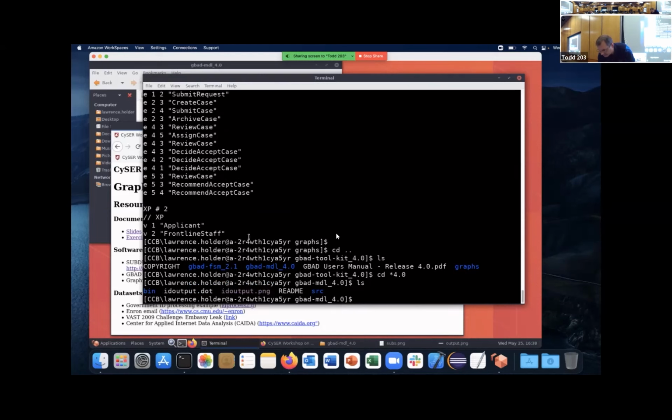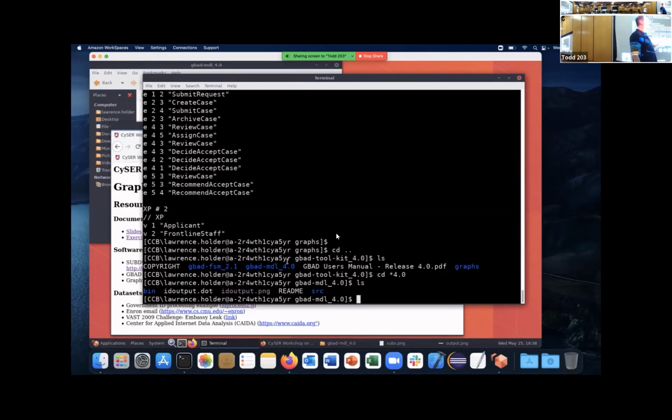So this is the output. So again, I ran GBAD with that same 0.5, dash all 0.5, and sent the output to this dot file, ID output dot, and then in this case I used a different program called SFDP.